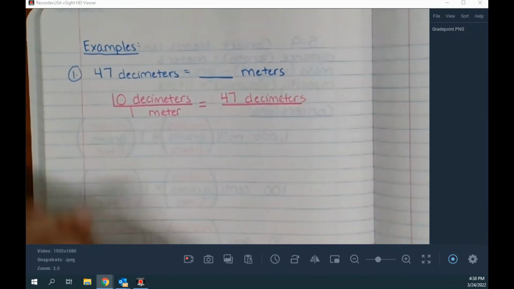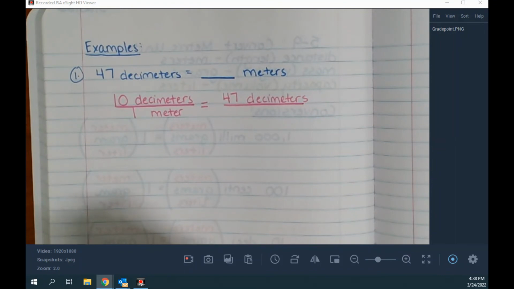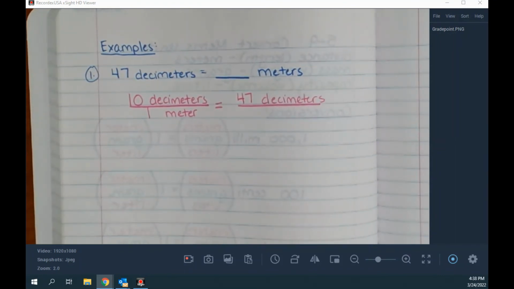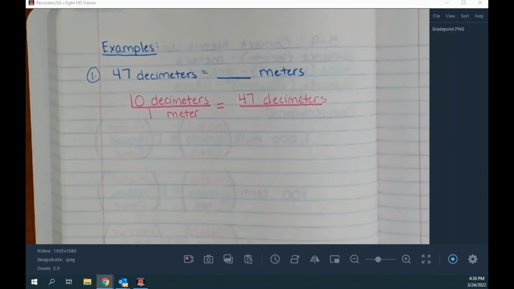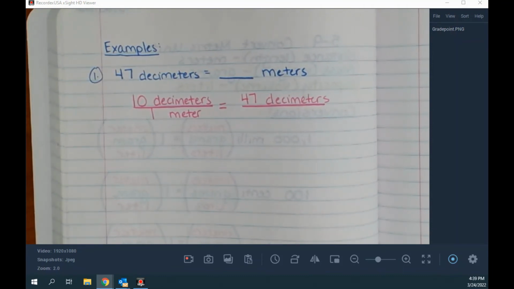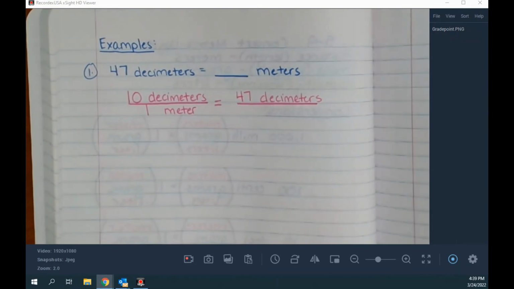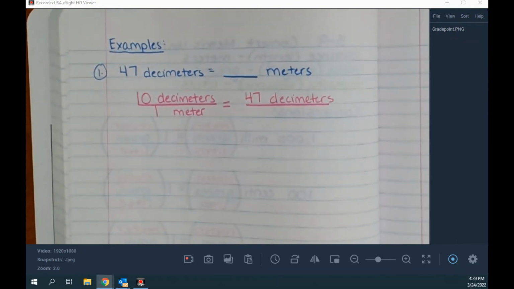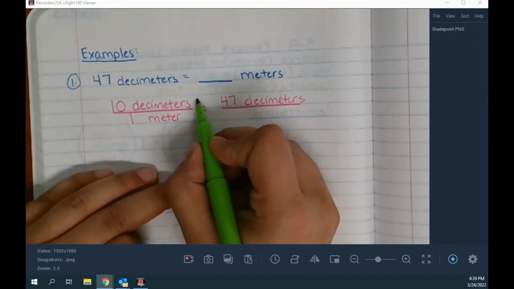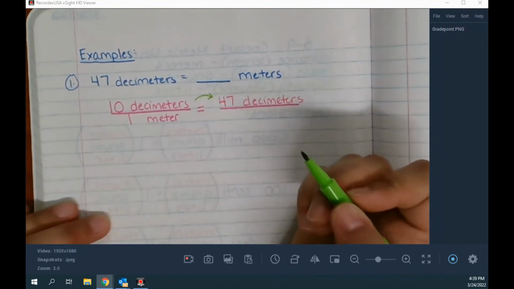And we're trying to figure out how many meters that would be equivalent to. You can use your calculator if you need to, but we want to see how we got from the 10 decimeters over to 47 decimeters.